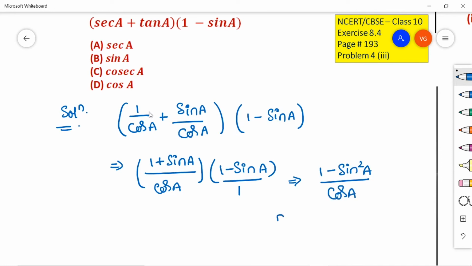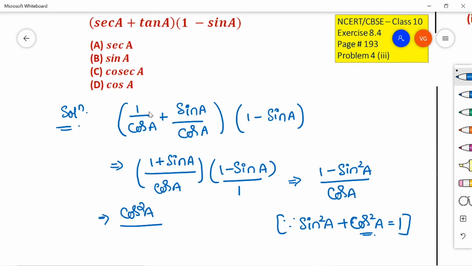So as we know the identity sin square A plus cos square A is equal to 1, 1 minus sin square A is nothing but cos square A. The numerator will become now cos square A divided by, the denominator is cos A. So the answer is cos A. So option D is correct here.